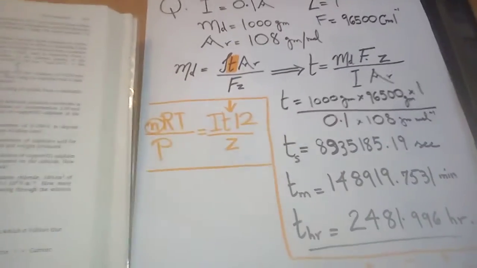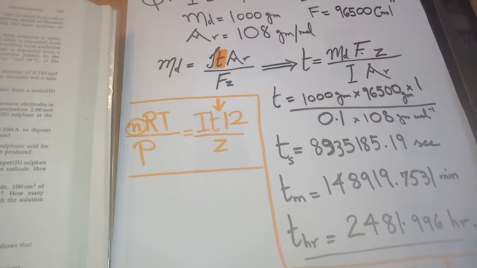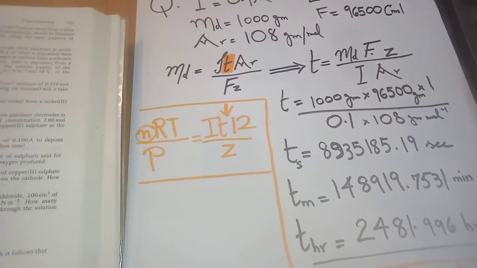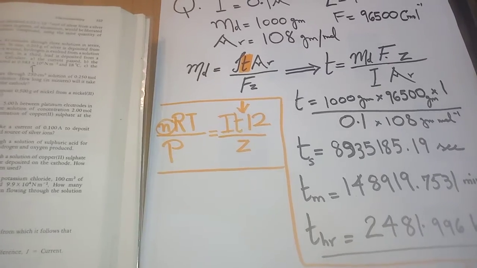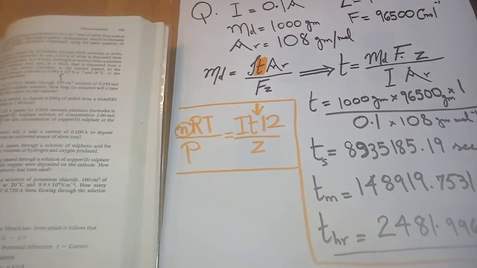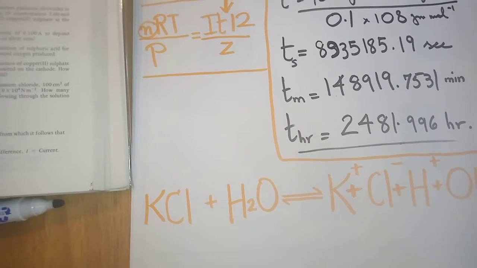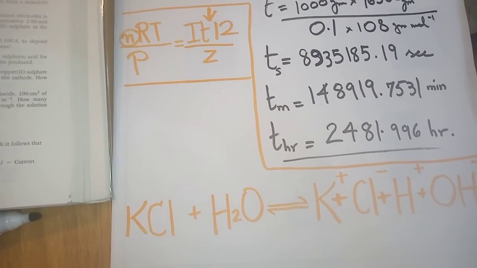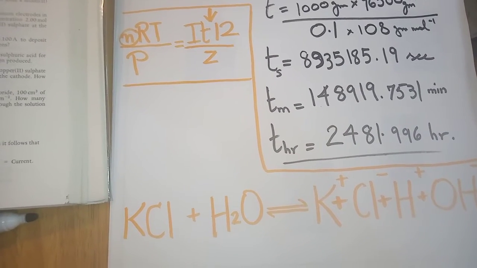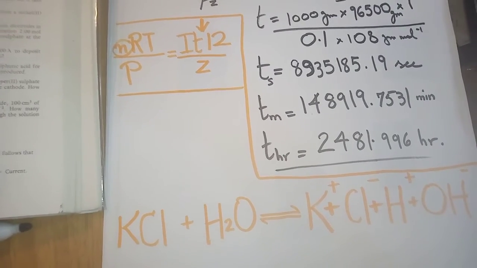So I found that by flipping it for time, and now I moved on to question number 12, the last question, which is, in the electrolysis of a solution of potassium chloride, 100 centimeter cubed of chlorine is produced at 20 degrees Celsius, which is 293 kelvins, at a pressure of 9.9 times 10 to the power 4 newtons per meter squared.